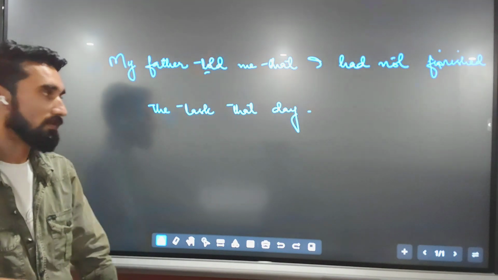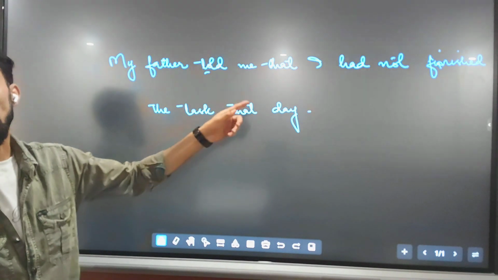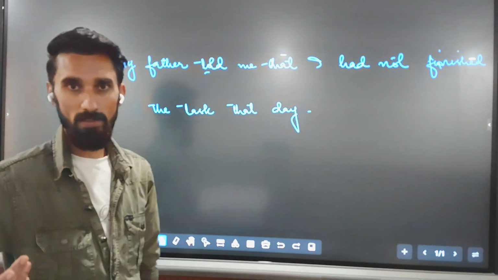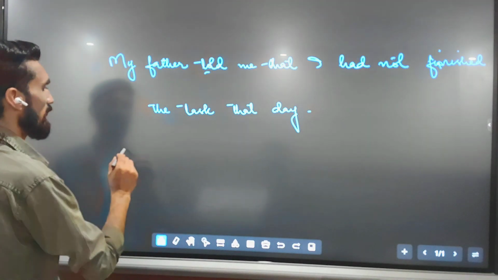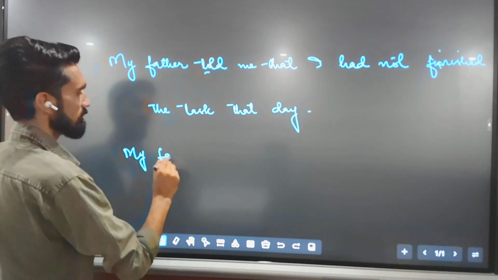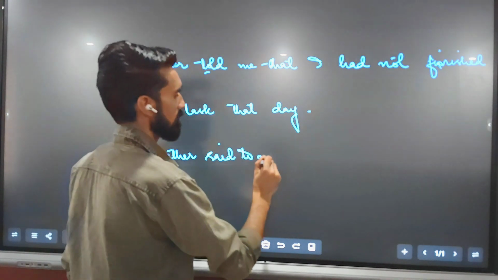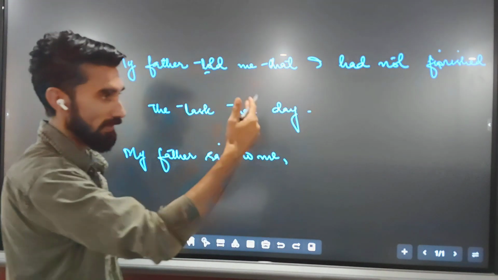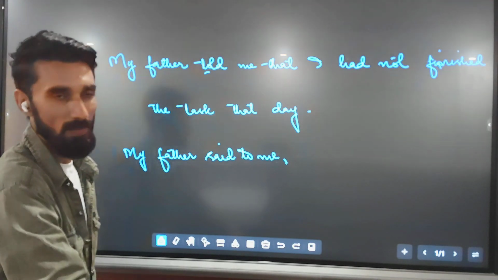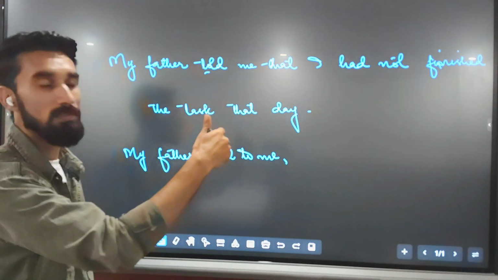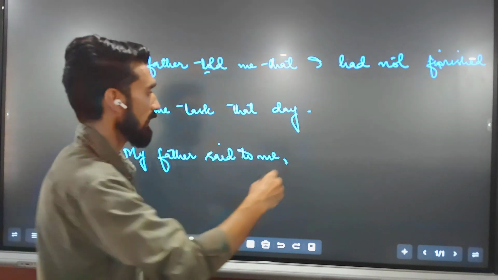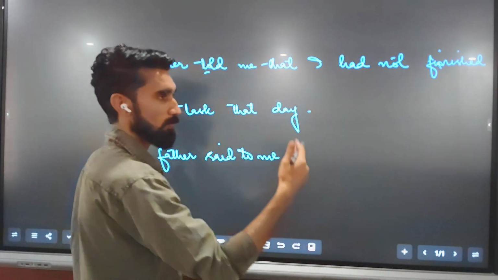And again, told signifies that there is a direct object mentioned in case of the reporting verb. So it will be like, my father said to me, put a comma here, then begin the inverted commas and put into the inverted commas what the father has exactly said. What were the actual words spoken by the father?